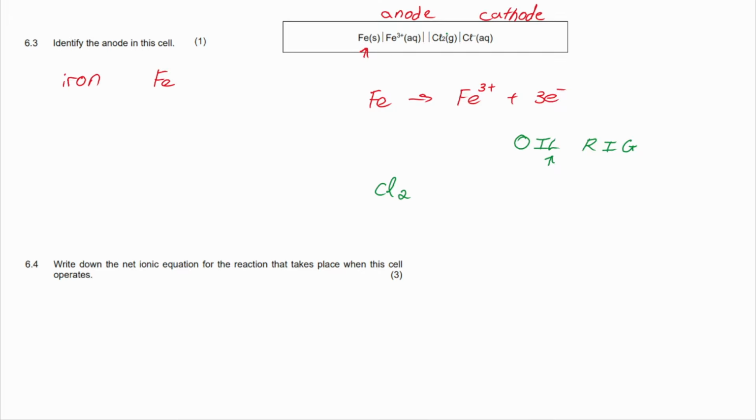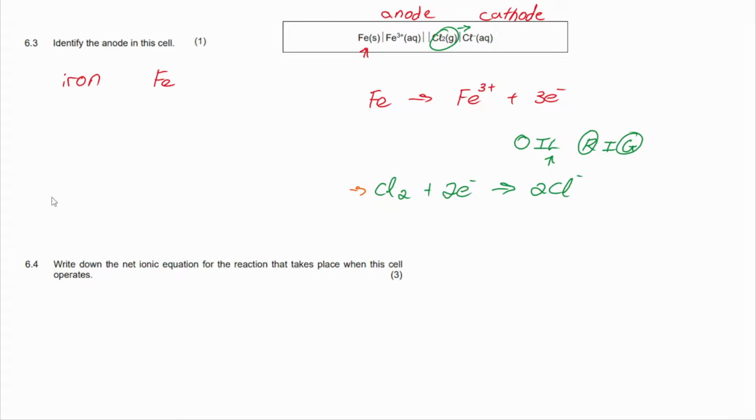So chlorine gains 2 electrons, because reduction is a gain, and that becomes 2Cl minus. You don't really have to think about these because this is on our electrode reduction table.